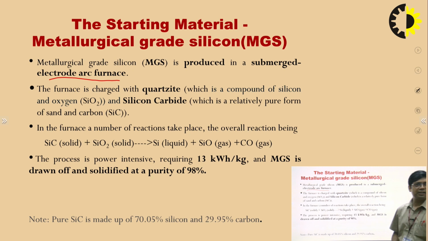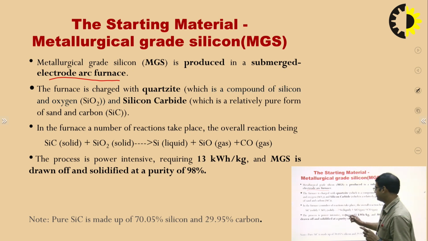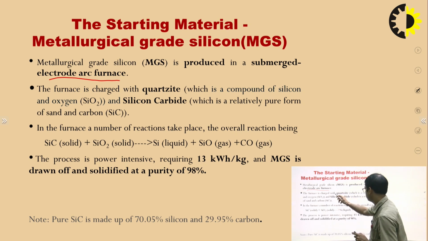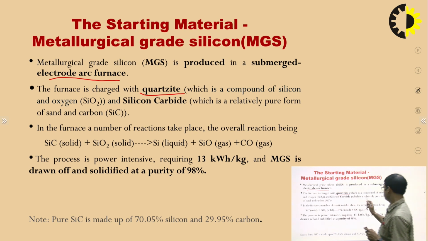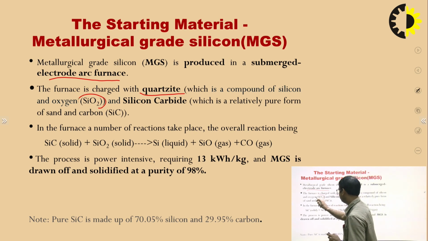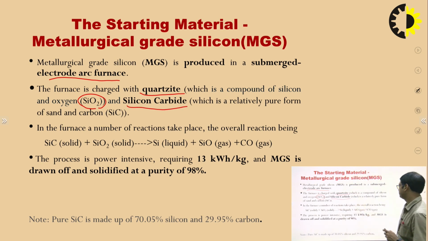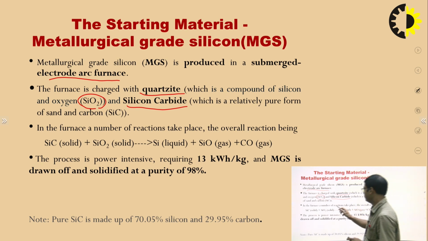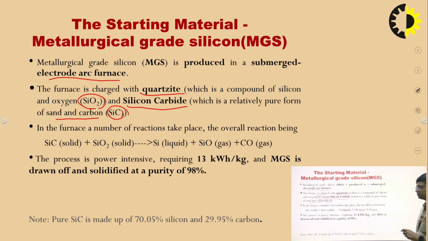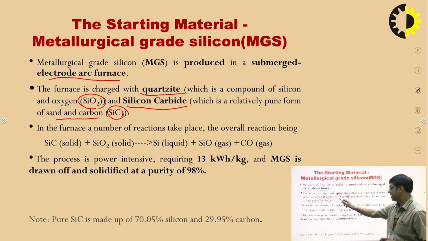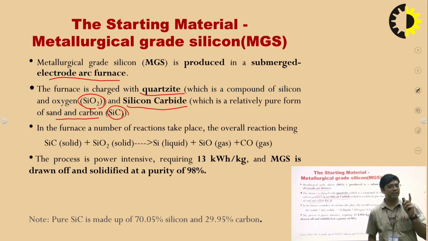The raw material that we use to produce the MGS is known as quartzite, which is a compound of silicon dioxide SiO2, a relatively pure form of sand, and silicon carbide, SiC, and carbon.